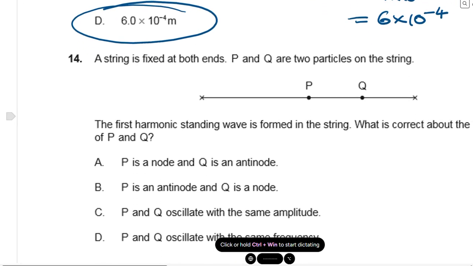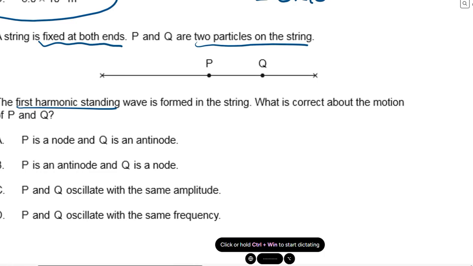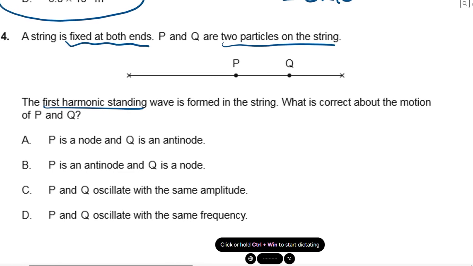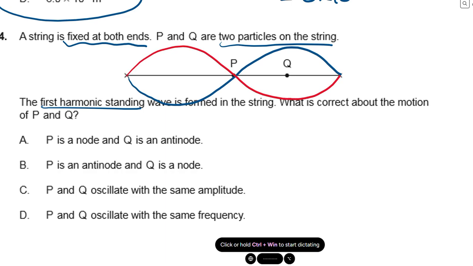And so on to question 14. A string is fixed at both ends. P and Q are 2 particles on the string. A first harmonic standing wave is formed in the string. What is correct about the motion of P and Q? Now these are both fixed ends, so our first harmonic would look something like, I think you guys know how to do this, but I'll just draw our diagram, right?